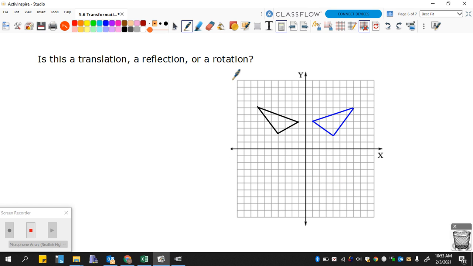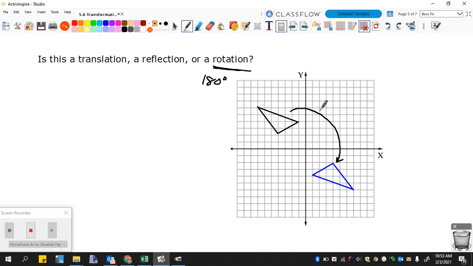This one, we just reflected across the y-axis. So we're going to say it's a reflection across the y-axis. Sometimes we're going to get specific, so in this case, I'm going to say a reflection across the y-axis.